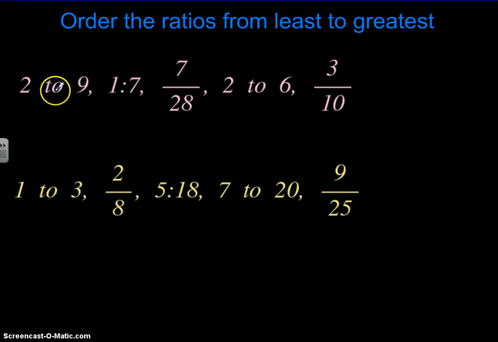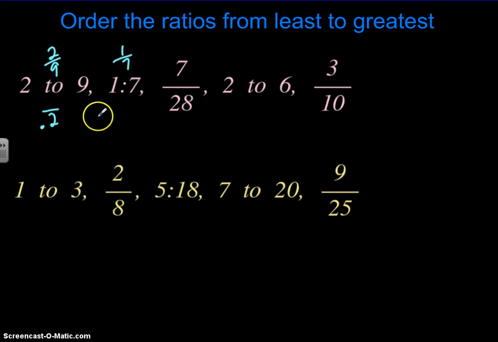Okay, what we want to do is, I think the easiest way would be to change all of these to decimals. Now remember, 2 to 9 can be rewritten as 2 over 9. And to make this a decimal, I just divide. 2 divided by 9, that is 0.2 repeating. Okay, 1 to 7 is the same as 1 over 7.